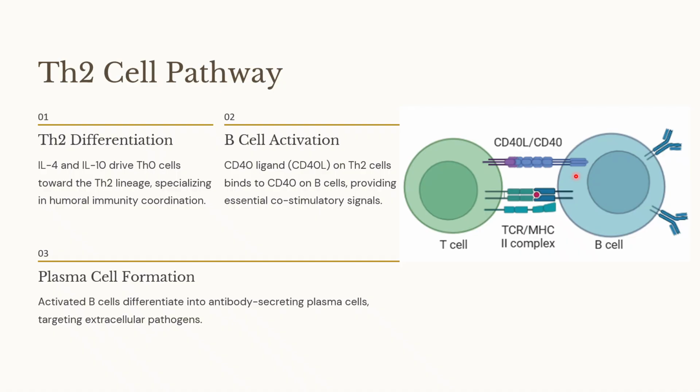Once the CD40 receptor and ligand are attached, it will result in antibody formation by the B cells. The activated B cells will differentiate into antibody secreting plasma cells, thereby targeting extracellular pathogens. In addition, the B cells will undergo somatic hypermutation as well as affinity maturation, which I have explained in the previous PPT, and I have added it in the playlist.